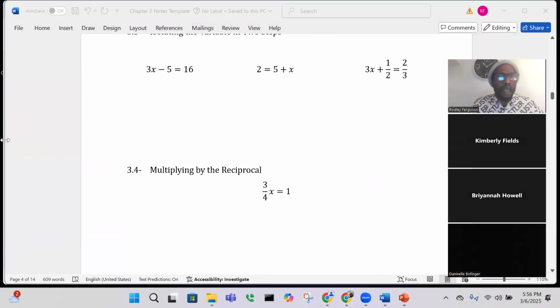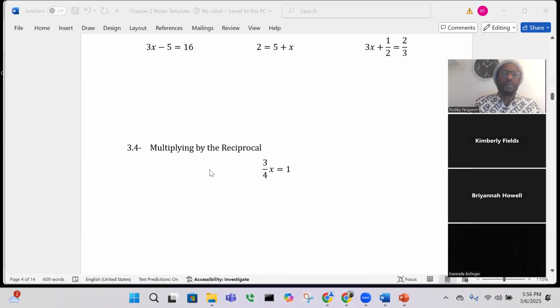Here's the questions I had. These two-step equation I had. So solve this, and you notice it didn't say solve.